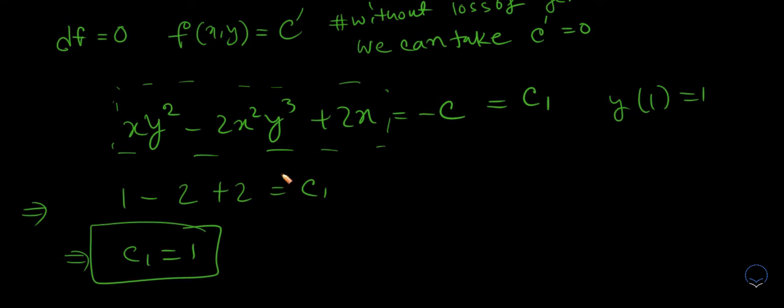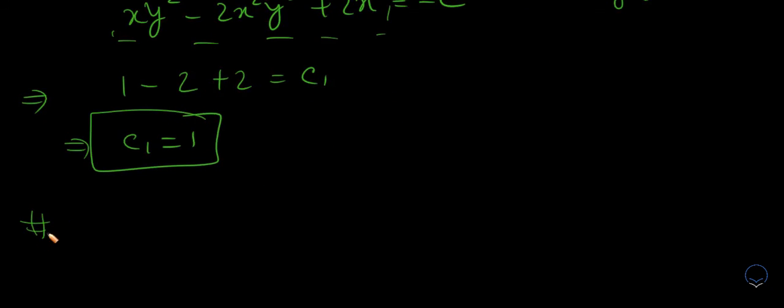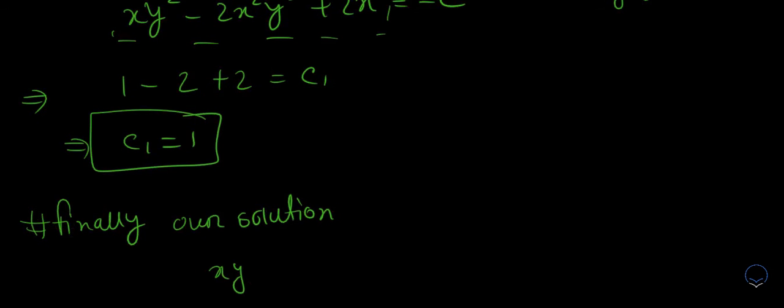Now put that back over here, and finally our solution in the implicit form is xy squared minus 2x squared y plus 2x is equal to 1.